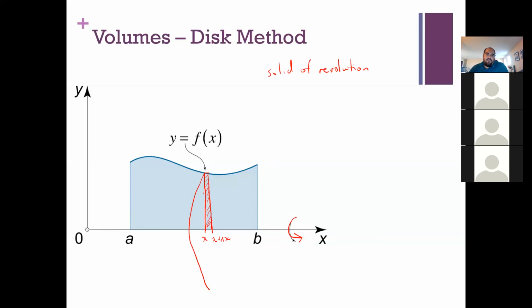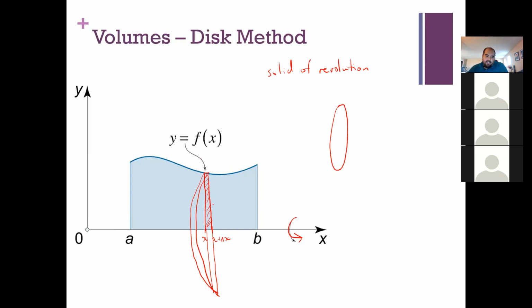If I were to revolve this rectangle around the x-axis, what shape is this going to make? A circle? If you looked at it from the side, you would see this flat circle, right?